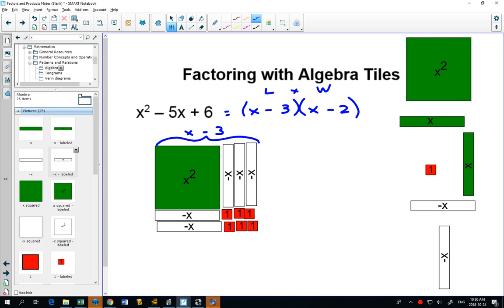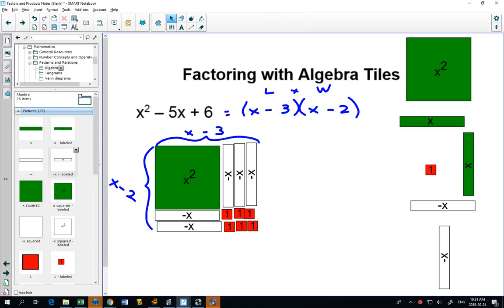And this length here is an x, and then minus 1, minus 1, minus 2. And so we could take what we have, I'll write it like this, x minus 2, and make our rectangle.